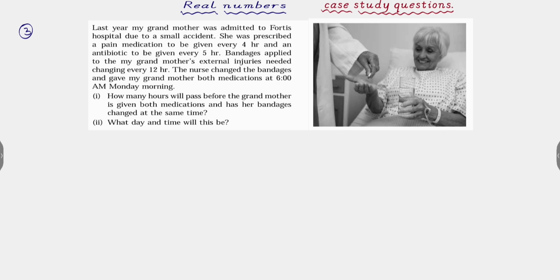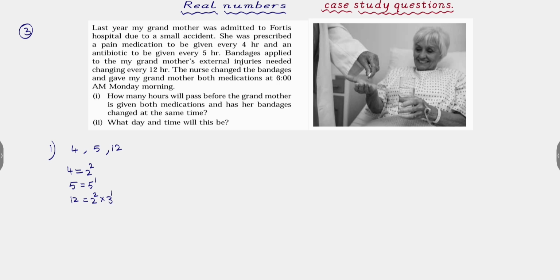In this type of situation, you have to find the LCM of 4, 5, 12. So we know 4 is equal to 2 power 2 and 5 is equal to 5 power 1, but 12 is equal to 2 power 2 into 3 power 1, that is 4 into 3.